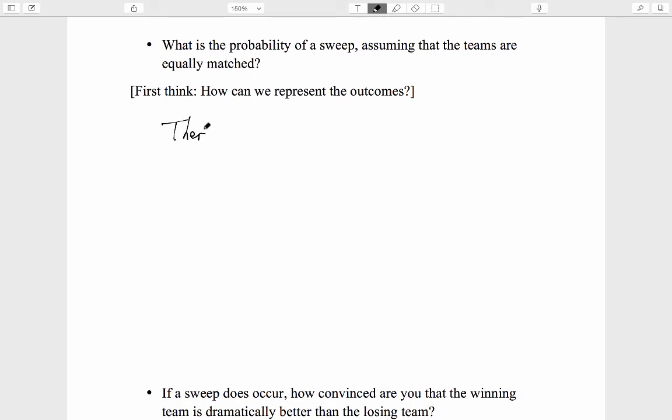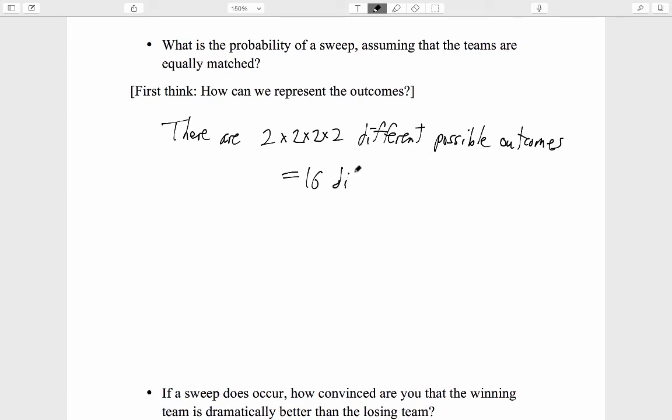This means that there are a total of 2 times 2 times 2 times 2 different possible outcomes. That's because there are 4 stages of this experiment and 2 possible results at each stage. In particular, there are 16 different 4-letter words consisting of Y's and M's. We can ask, of these 16 words, which ones correspond to a sweep?